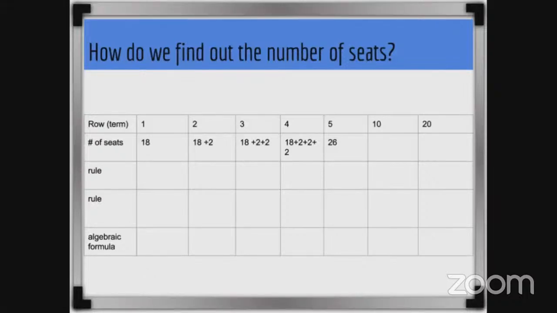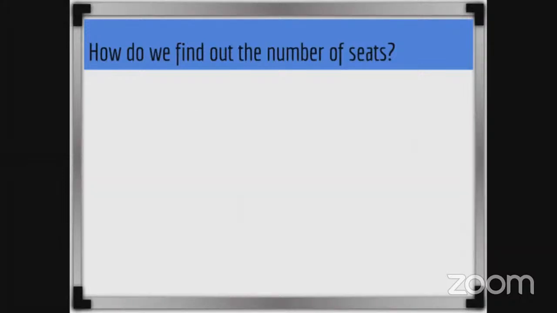Right. So let us look at what you just said. For row 1, we'd have 18, then for row 2 you'd add 2 seats, and you get 20. For row 3, you'd add 2 seats and another set of 2 seats, correct?